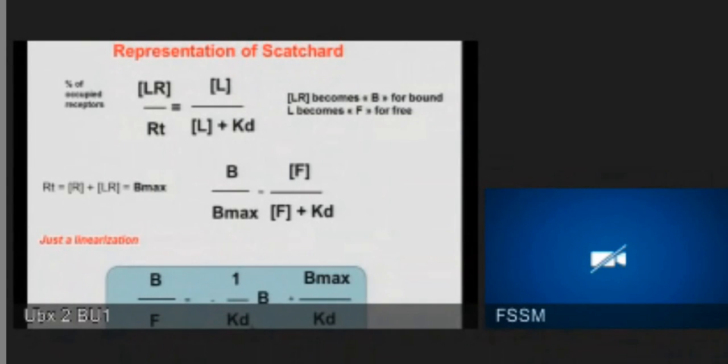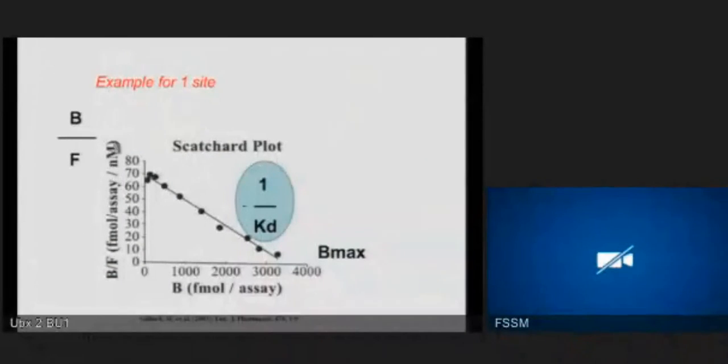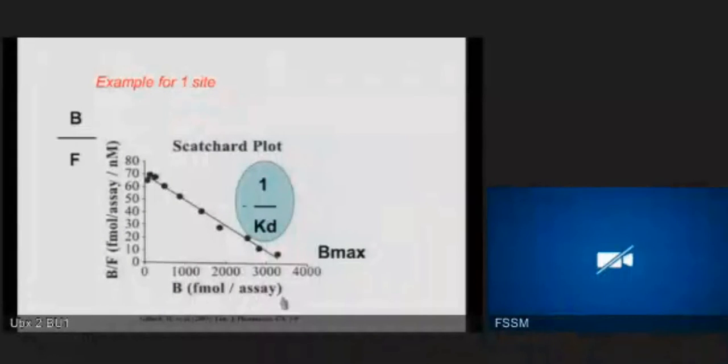So, to get the KD, you just have to calculate the slope of the straight line. And it gives you, for instance, this. So, B over F in femtomole per assay and nanomolar concentration.